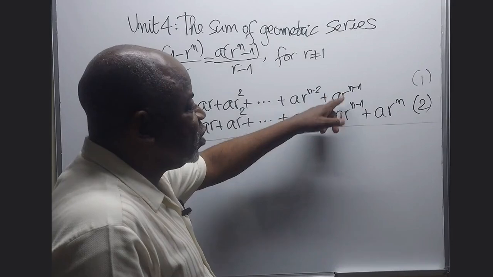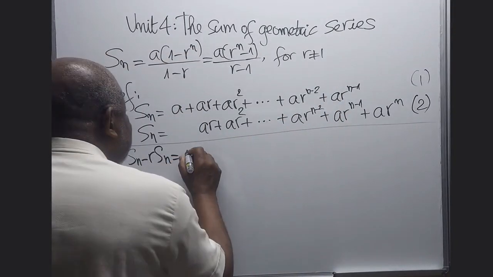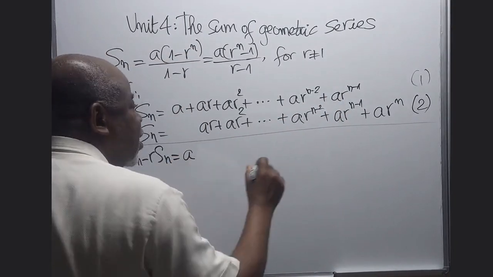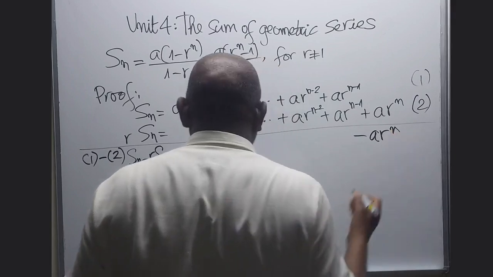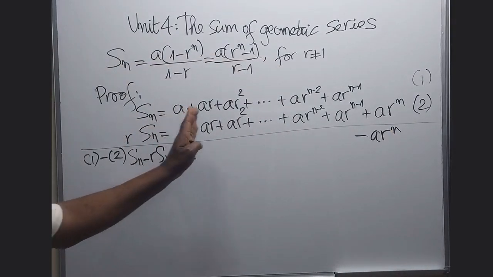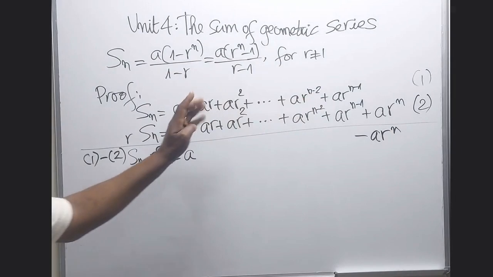Till we reach this one, and we're only going to remain with the a, and this one here will be minus a times r to the power of n. All of this in the middle will give 0.